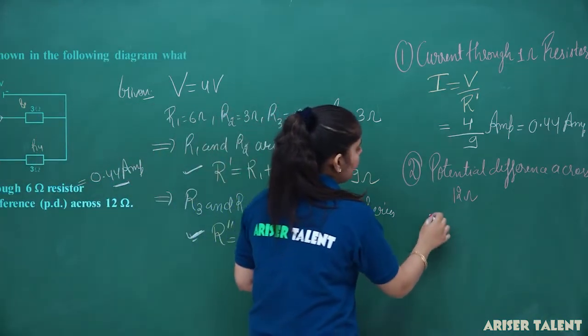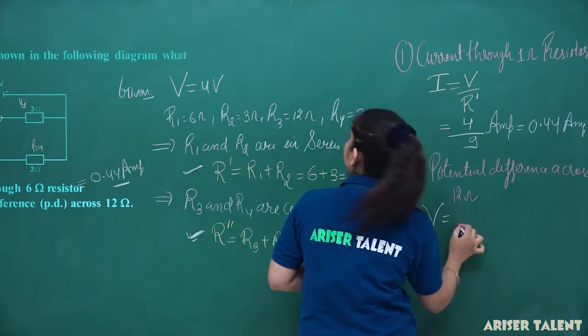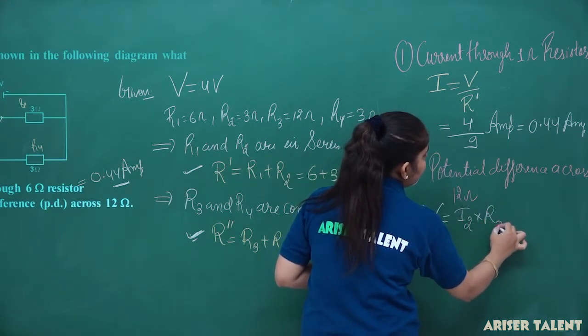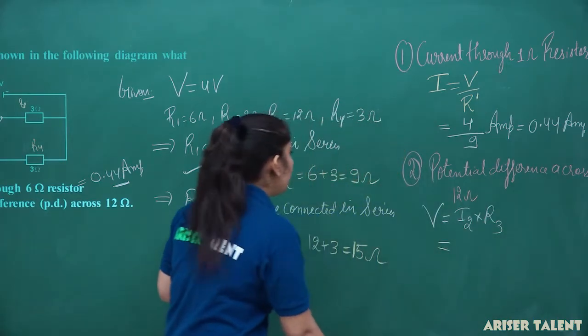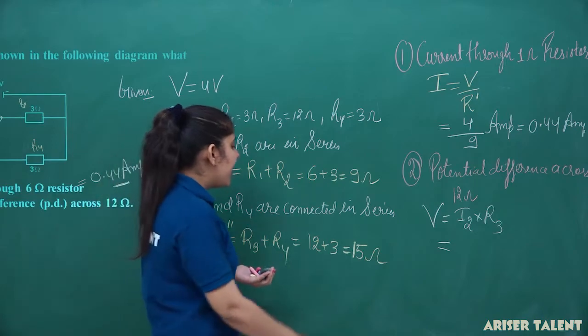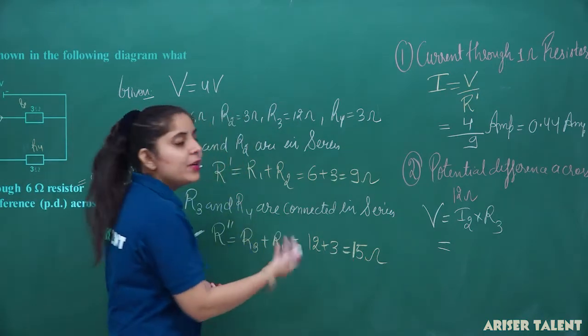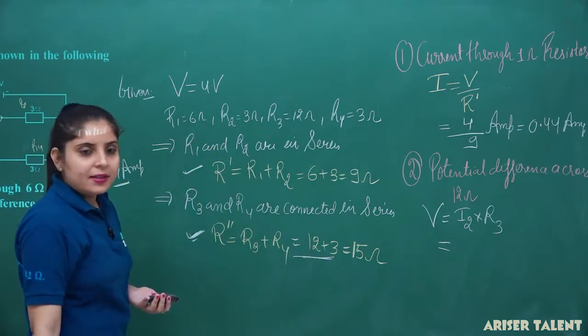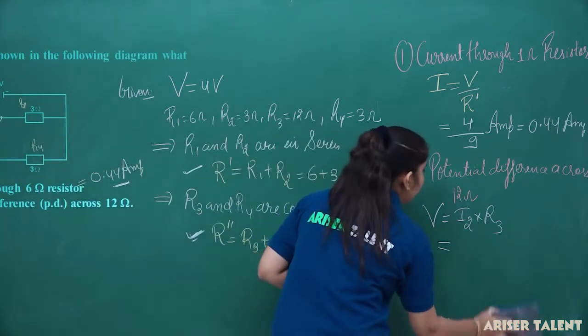So the potential will be calculated as the value of the current I2 and the resistance here, R3. What is the value of I2? We can get the value of I2 by simplifying V upon R, and this will again be the part of the current in the circuit. So let's find the value of I2 first.